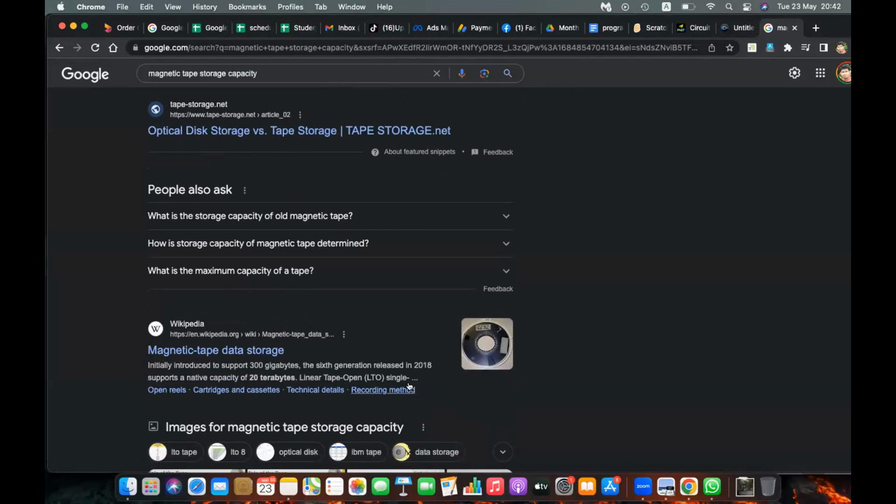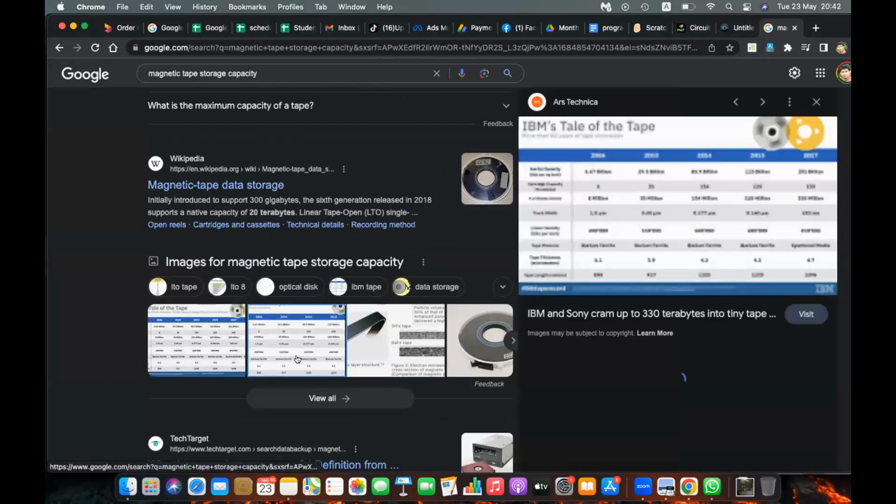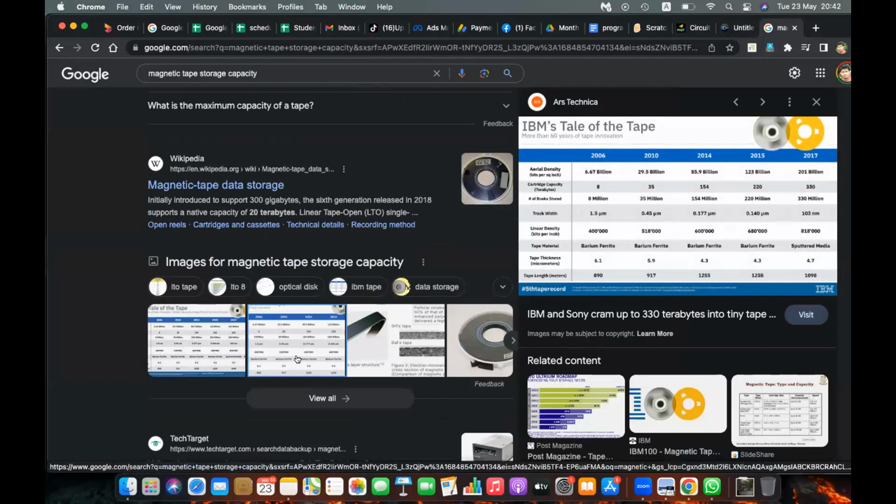In 2006, generation 2000 supported 20 terabytes. Or you can ask for the largest capacity. This is the table of tape, right?